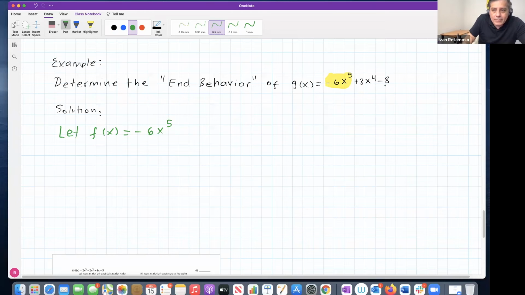Don't worry about these other two terms. Now we pay special attention to these two numbers. This number up front, negative 6, is a negative coefficient. And we also pay attention to the degree, which is an odd degree.